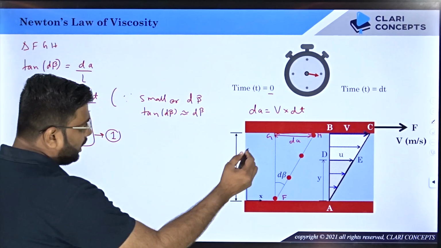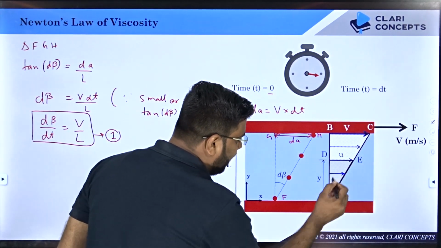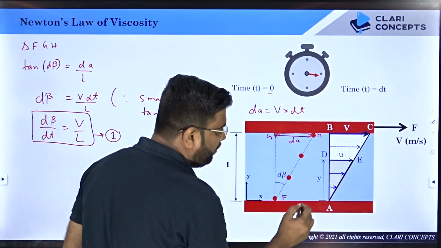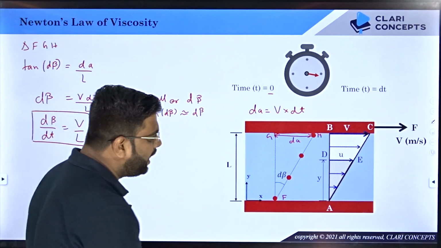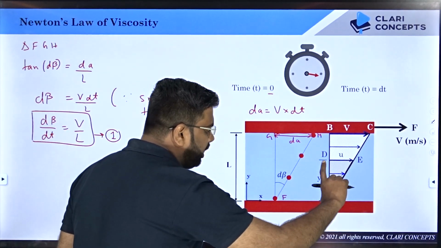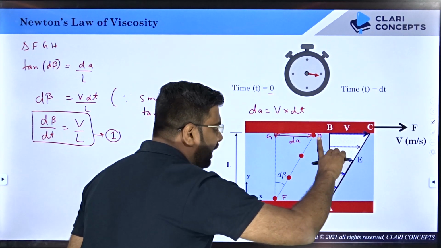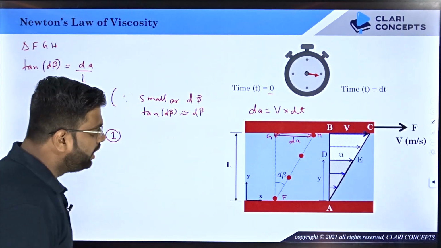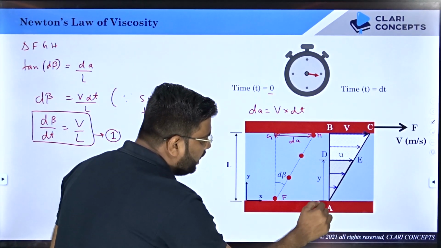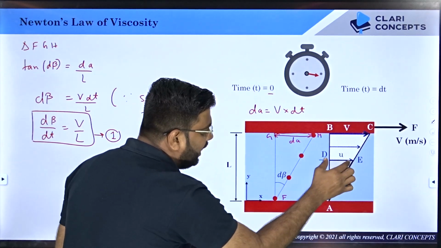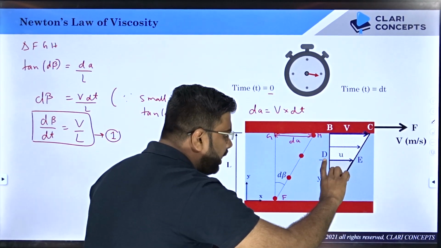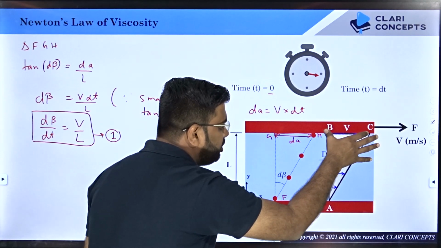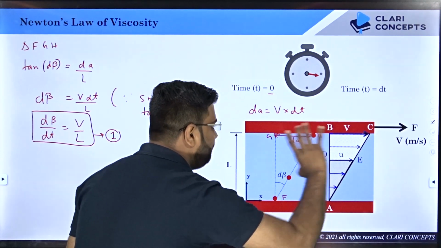Now from triangle ADE and triangle ABC, because both of these are similar triangles, based on the similar triangle property, can I say u divided by y is equal to v divided by L? See, again I am saying, in triangle ADE and triangle ABC, because they are similar triangles as per the trigonometric rule, U divided by Y should be equal to V, that much distance, divided by this L. Yes.